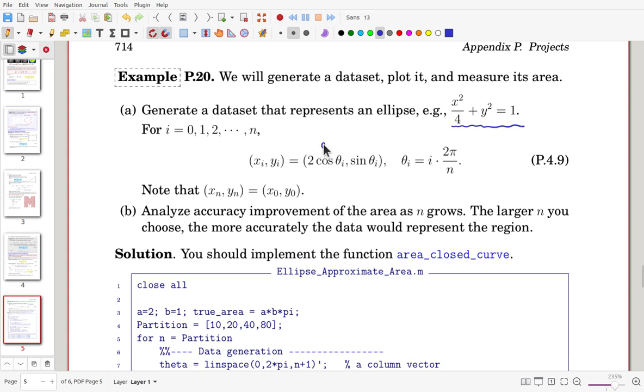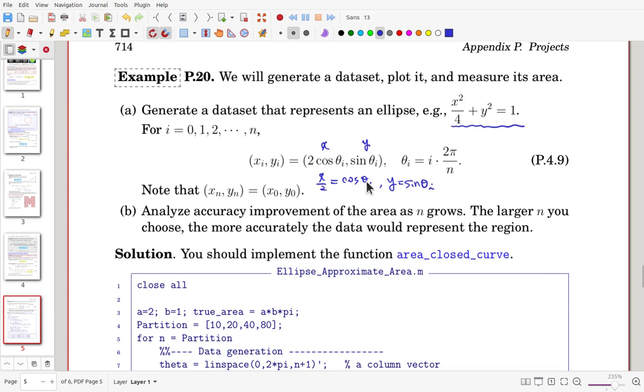So that is the x component, y component. From this one, x over 2 equals cosine theta_i. And from the second one, y is sine theta_i.